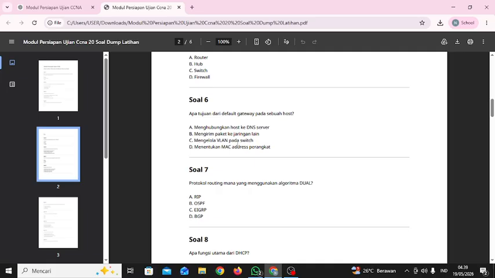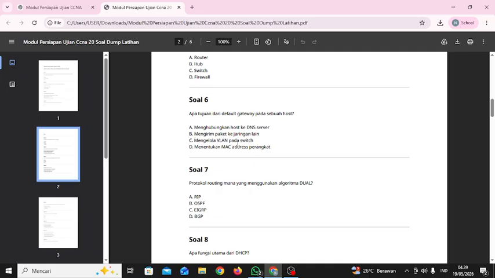Okay, and explanation: a default gateway is the router IP address used by a host when sending traffic outside its local network. For example, PC IP 192.168.1.10, and subnet 255.255.255.0, and the gateway 192.168.1.1.